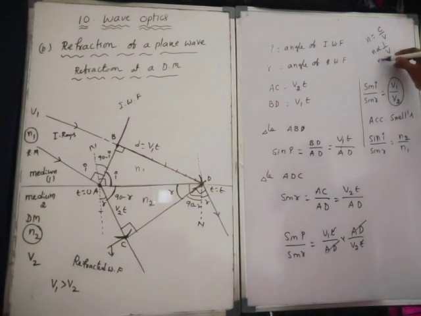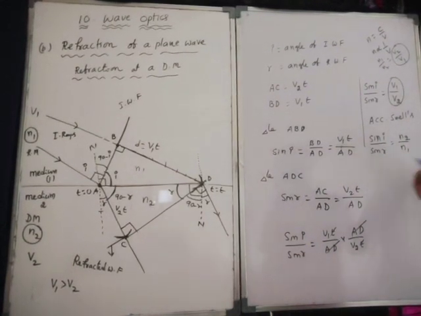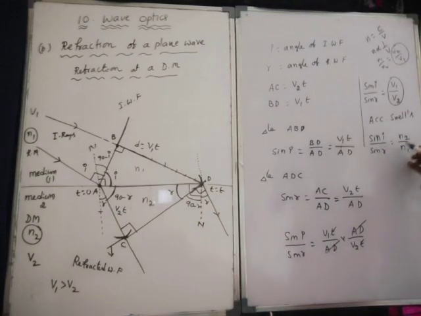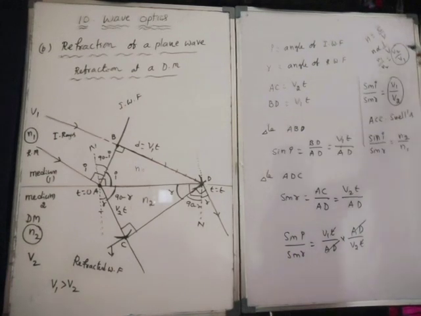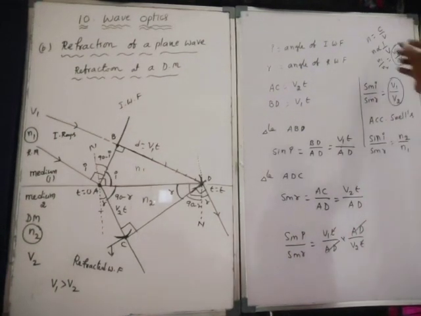So N1 by N2 is equal to V2 by V1. Instead of V2 by V1, we will consider N1 by N2. So according to Snell's law, directly we will say sin I by sin R is equal to N2 by N1. Or else, what is the formula here?